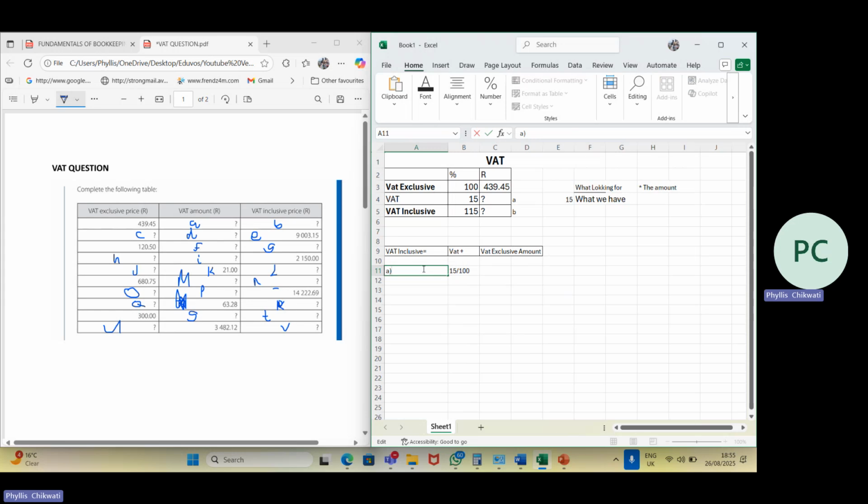So I'm going to say A is equal to 15 divided by 100, and then you need to multiply this by 439.45 in order for you to get your VAT portion. So quickly, 15 divided by 100 times 439.45. That's 65.91.